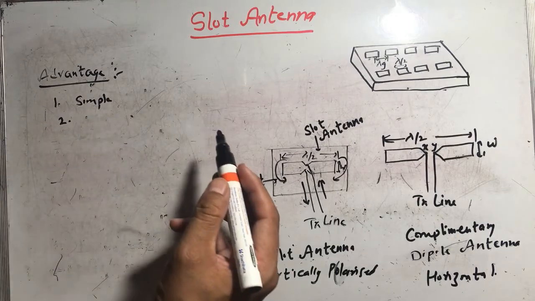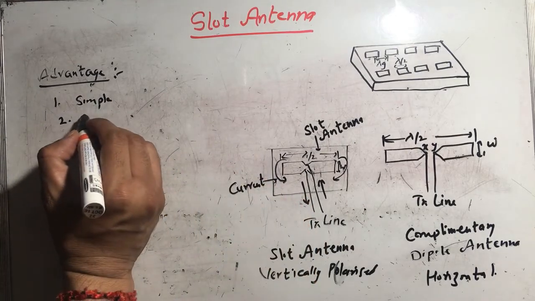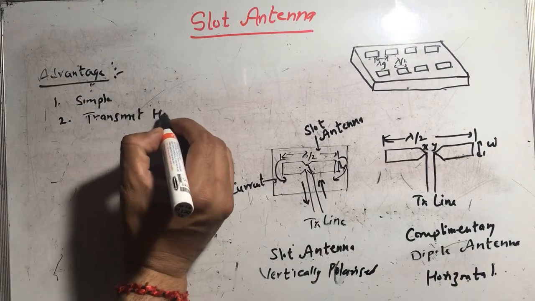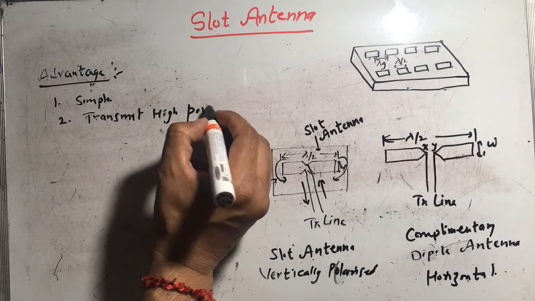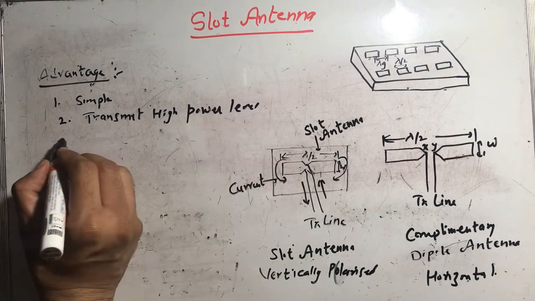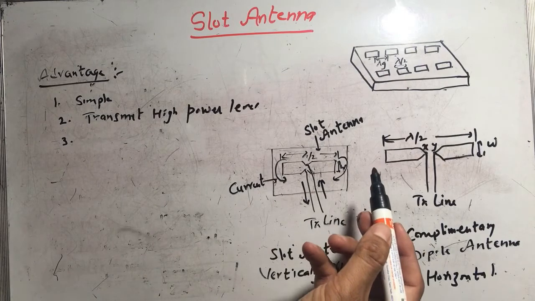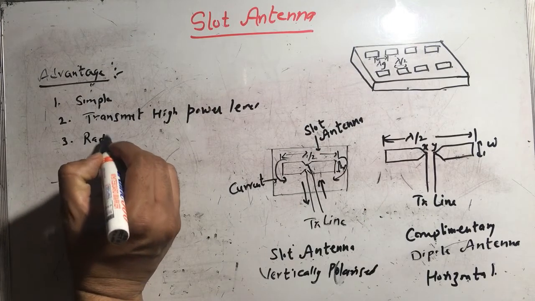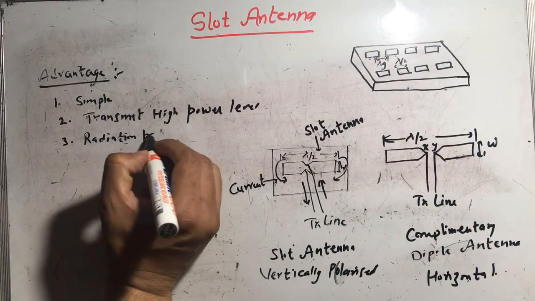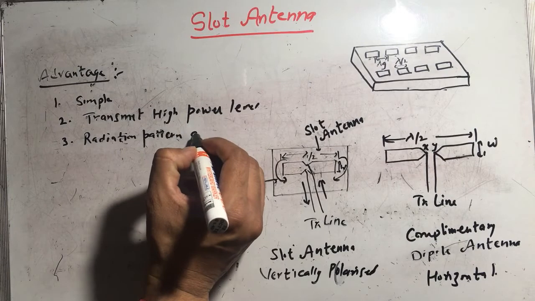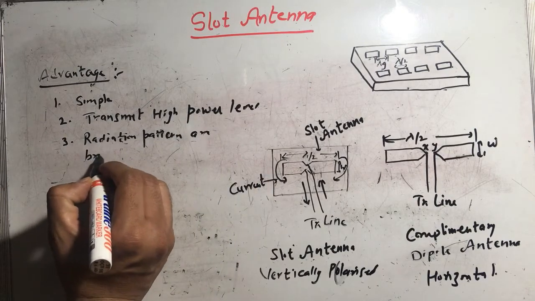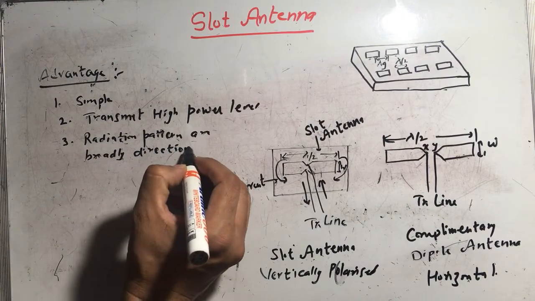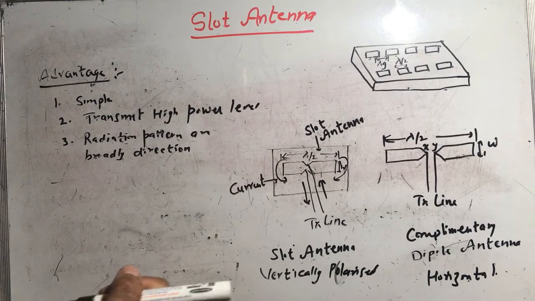Second, they can transmit high power levels. Third, their radiation patterns are broadly directional, which is one of the advantages of the slot antenna.